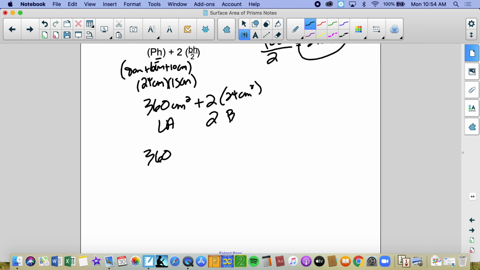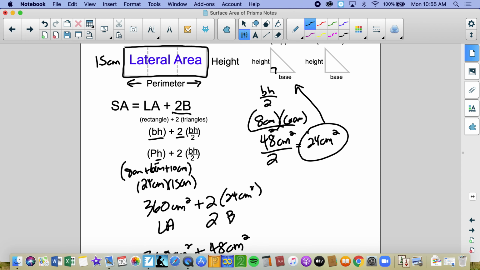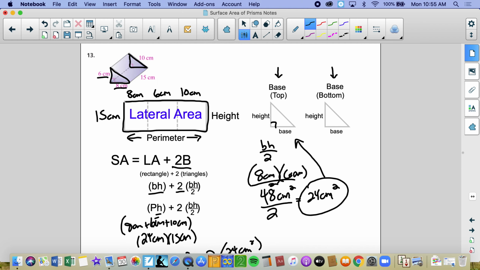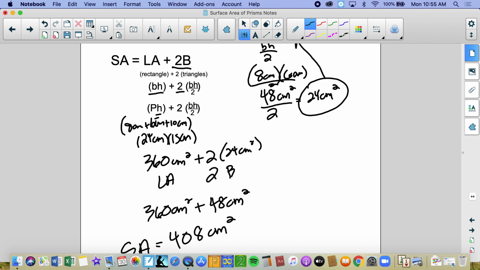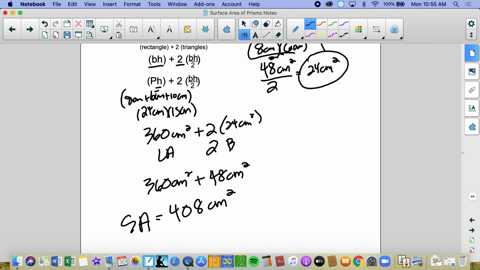So 360 centimeters squared plus 2 times 24, which gives me 48 centimeters squared, gives me a total of 408 centimeters squared, which would be my surface area. That's the outside skin of the object. So of that triangular prism, that would give me my surface area.